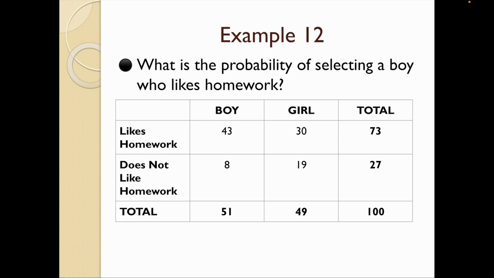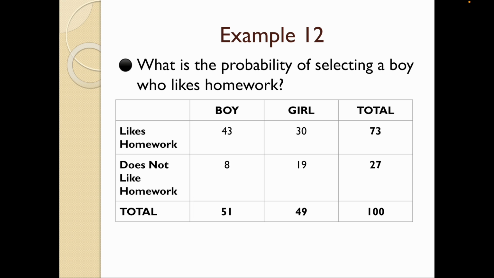How many possible boys do we have? 51. Now, the question is asking if we were to select a boy, not a student, we're selecting a boy. So we're looking in that particular area now. We have to select a boy. What is the probability that that boy likes homework?